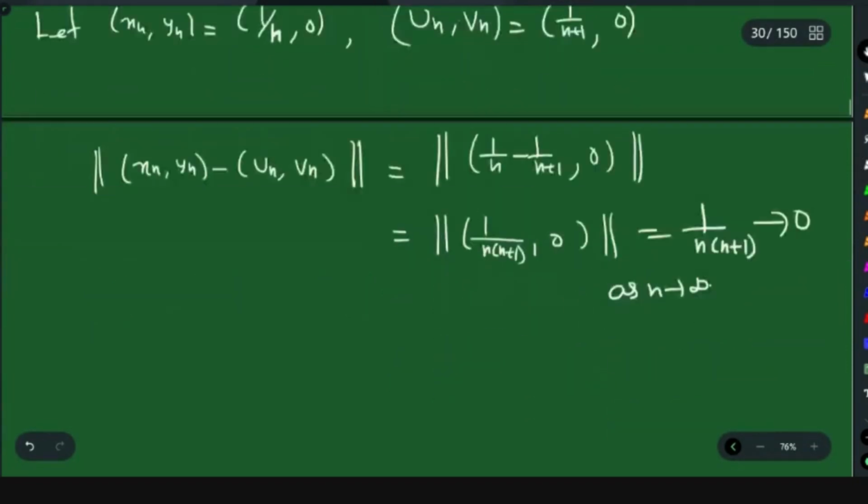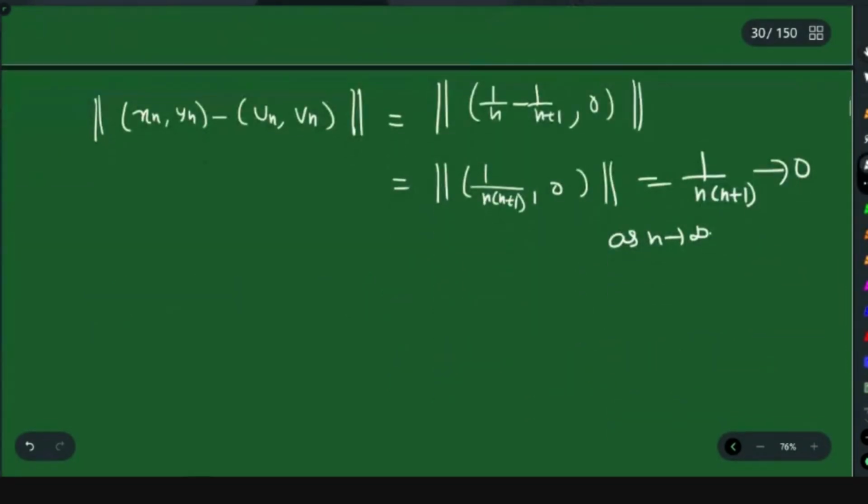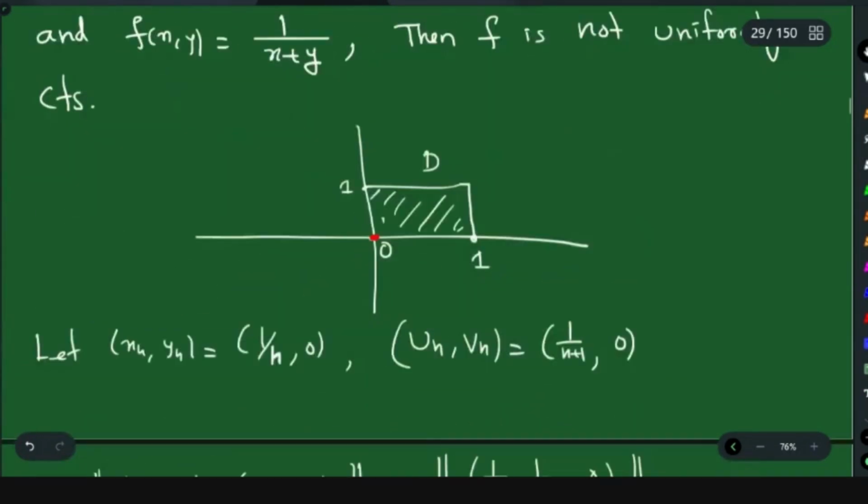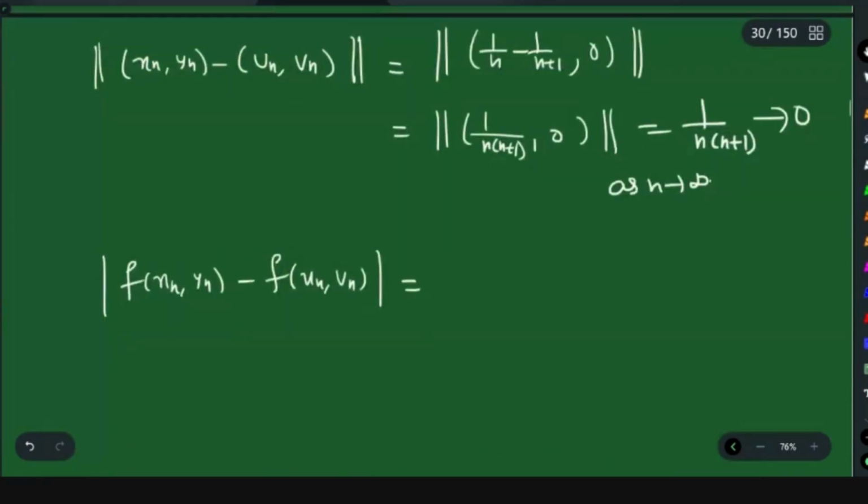Now you look at what happened to this modulus of f(x_n, y_n) minus f(u_n, v_n). So you just consider this. So what is your f(x, y)? f(x, y) is 1 by (x plus y). So you give the values there. So what you will get?